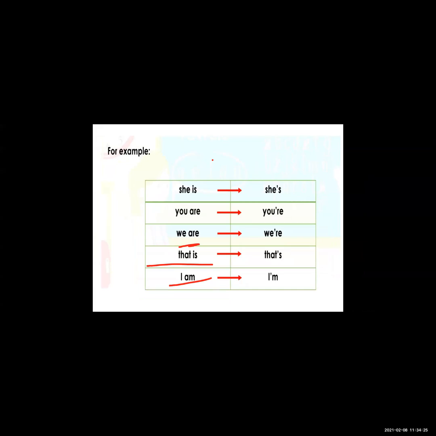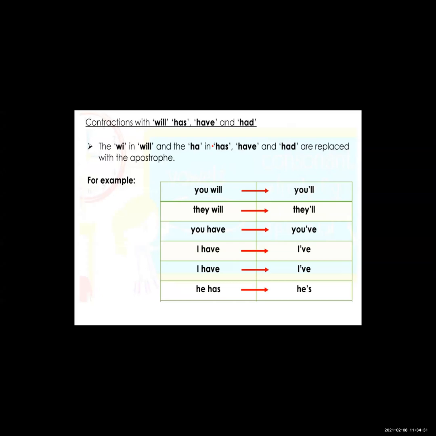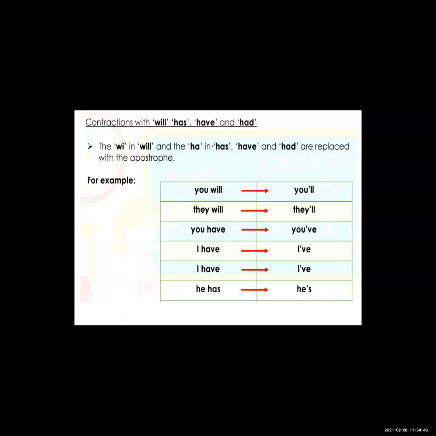Now the next rule: will, has, have and had. Here WI in will and HA in have, has and had are replaced with the apostrophe. You will, here you replace the W with an apostrophe.